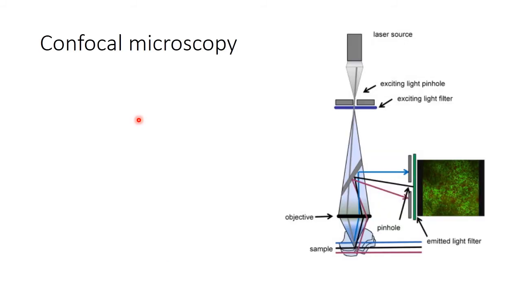Okay, so the next type of microscopic technique is confocal microscopy. The problem with previously described types of microscopic techniques is that the specimen, although it is a very thin slice, contains many planes.